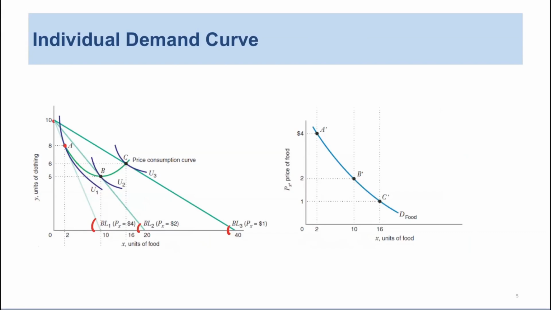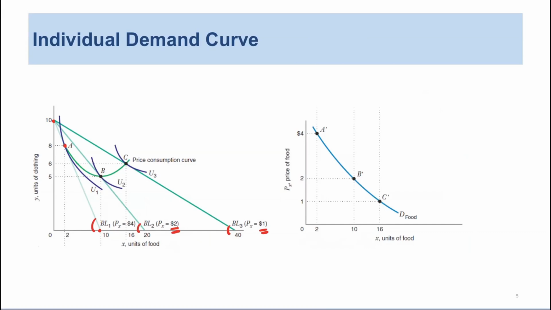In this case, it was 1 when the price equaled 4, a half when the price equaled 2, and it became a quarter when the price became 1.